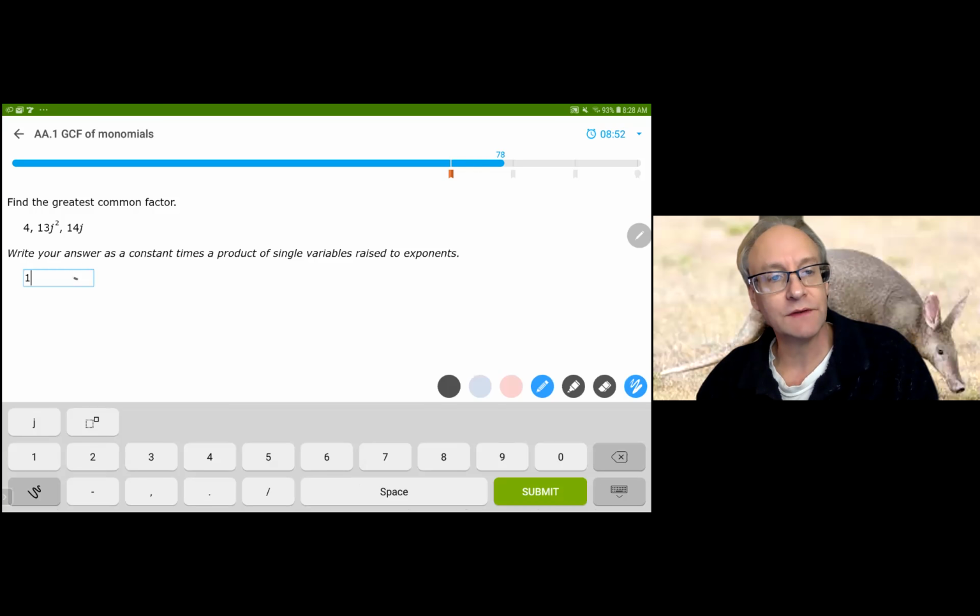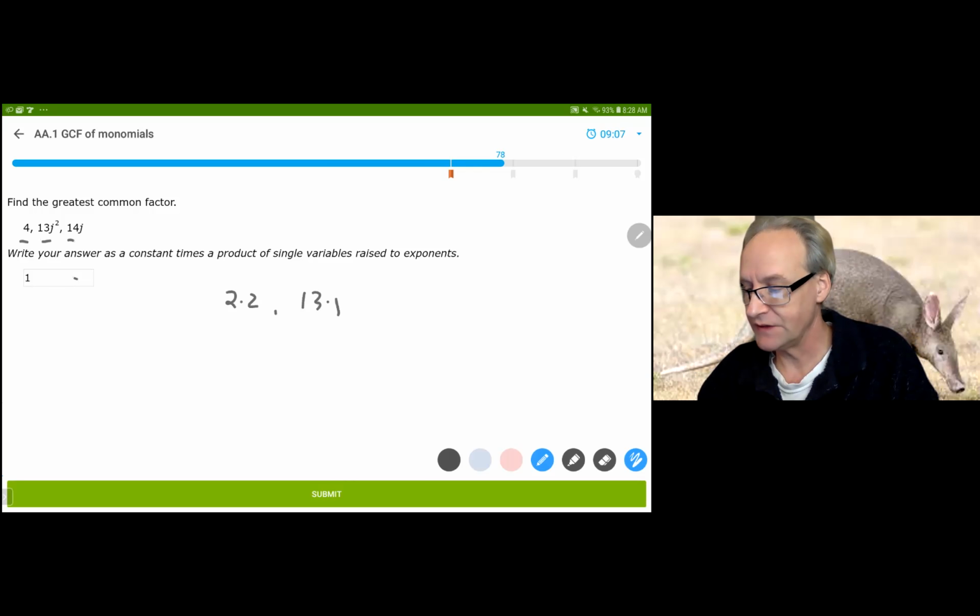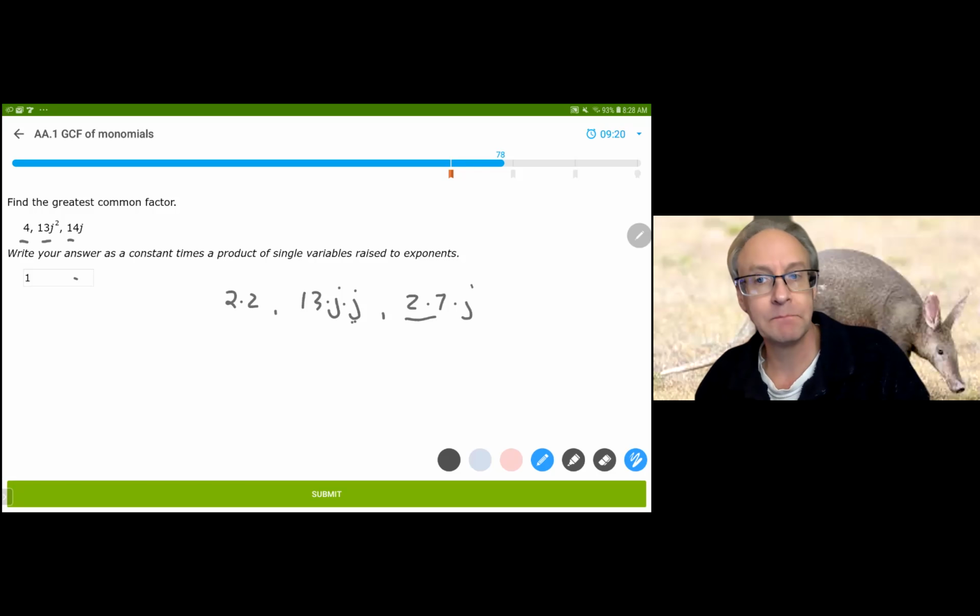One way of describing this is that we say those 3 monomials are relatively prime. Now, they're not prime themselves because 2 times 2 is 4, and 13 times j obviously has factors, and 2 times 7 times j, again, the 2 and the 7 are primes, but the 14 is not prime.